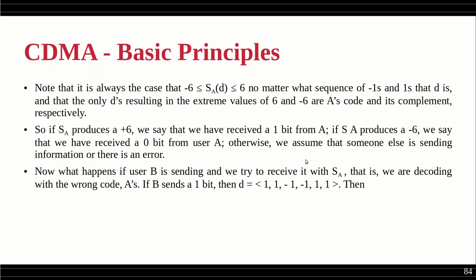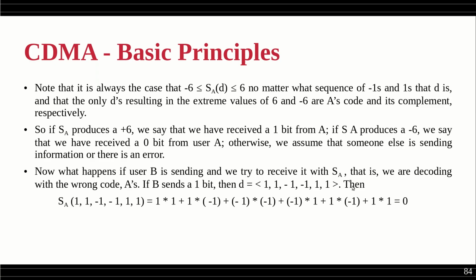Now what happens if user B is sending and we try to receive it using A's chipping code? Let's see. When B is sending 1, it will be sent with B's chipping code, something like this. And when the receiver tries to decode it using A's chipping code, the result is 0. So we just cross-check. The codes are something fixed in the beginning of our discussion: A's code, B's code, and C's code.